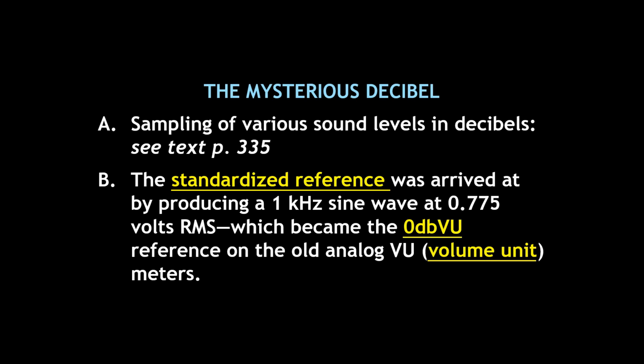This was arrived by producing a 1 kilohertz sine wave at 0.775 volts RMS, which then became the 0 dB VU reference on the old analog VU meters, VU standing for volume unit. So we use the dB terminology, the decibel terminology, but it's not quite exactly the same thing.